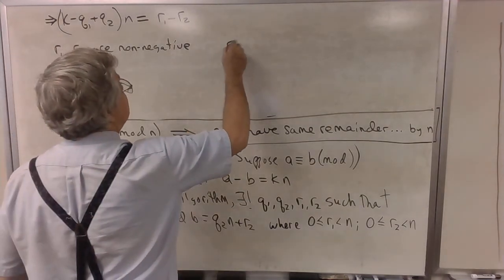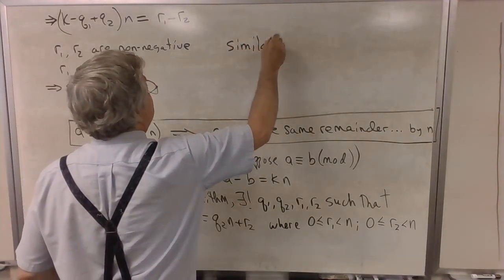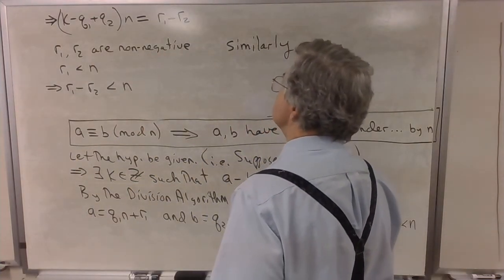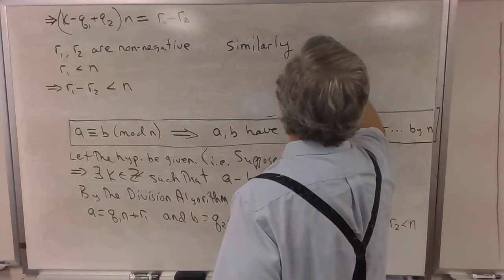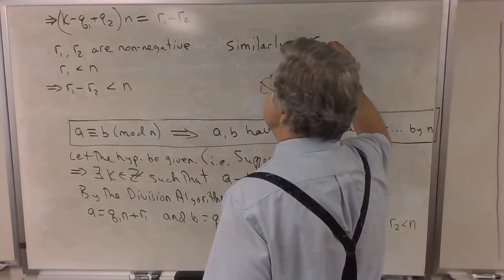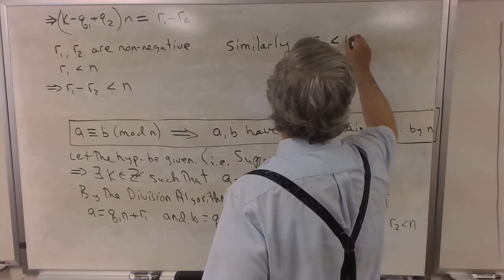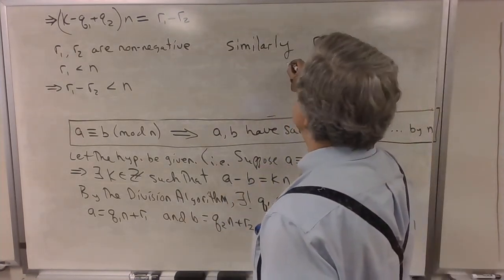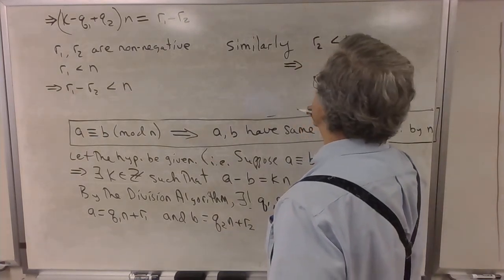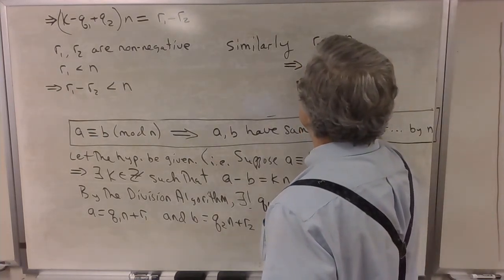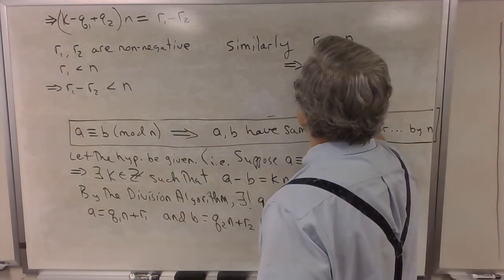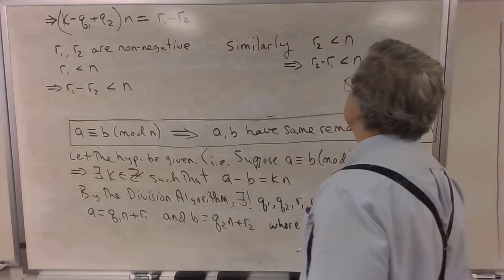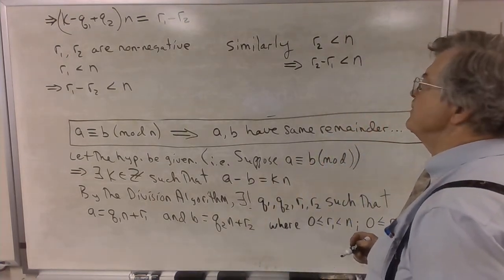And then we could say similarly, r2 is less than n. And so this would imply that r2 minus r1 is definitely less than n.